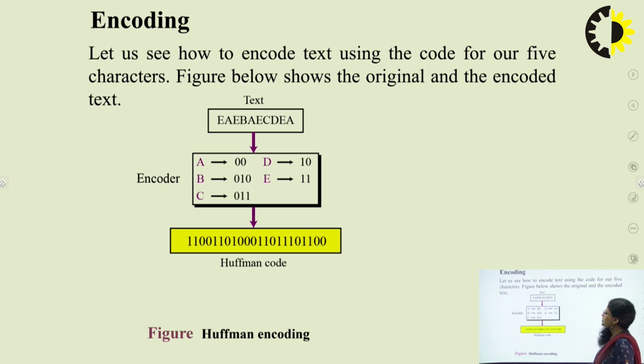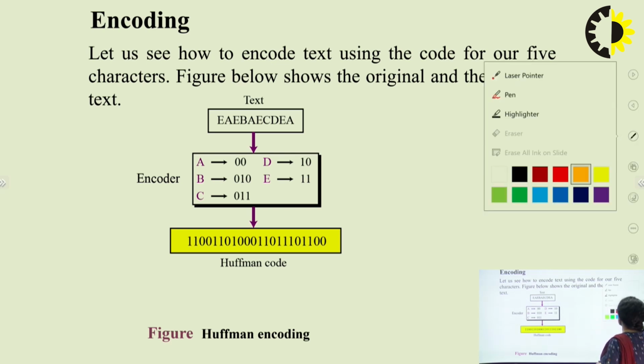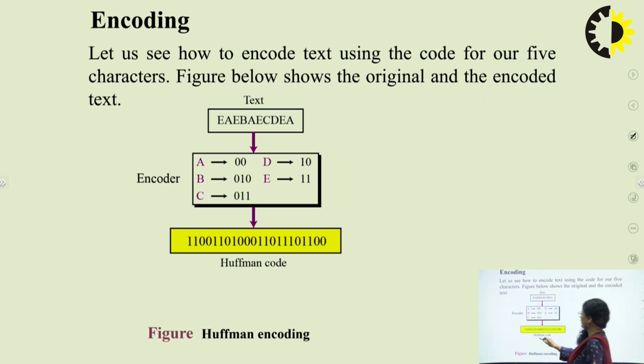Okay, so let us look at the Huffman example in continuation. As we are applying the Huffman coding, let us say this is a text that we want to encode using Huffman encoding. Whenever E comes, we replace E by 11, followed by A, which is 00, B is 010, so it is 010.